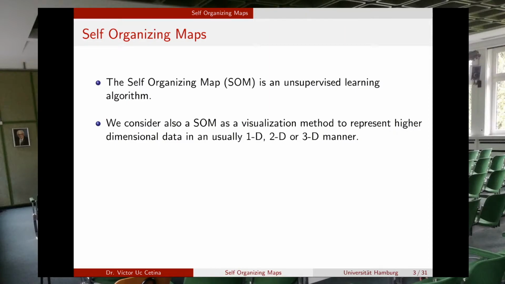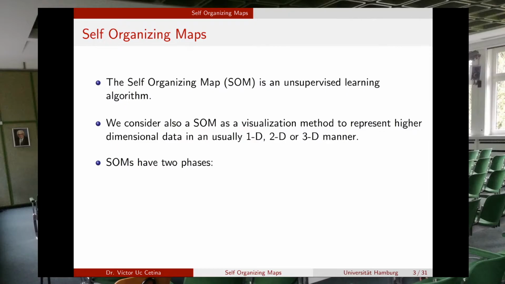So the idea is that, as you will see with these neural networks, you can learn patterns in the information, in the data set, and you create maps that will show you visually the similarity between pairs of data points.